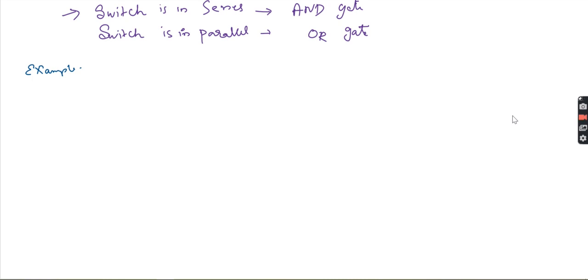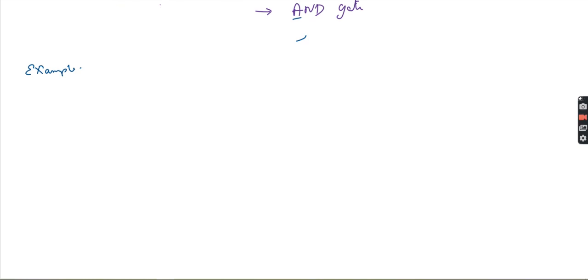Like a combination of AND and OR, the pass transistors or switches in series implement the AND function, and the pass transistors switching in parallel implement the OR realization. This is not accurate, so let me implement and show.